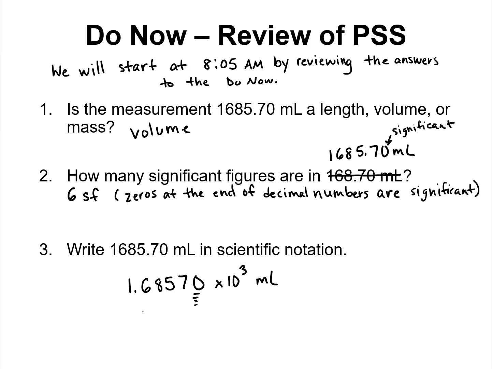So in your coefficient, you want to have all the significant digits. It's not okay to round if the question doesn't ask you to. Here it just said write this number in scientific notation. So that means that your coefficient should have all of the significant digits.